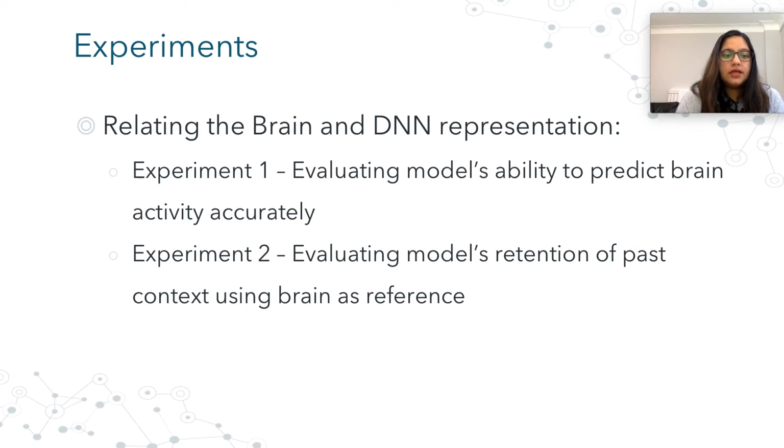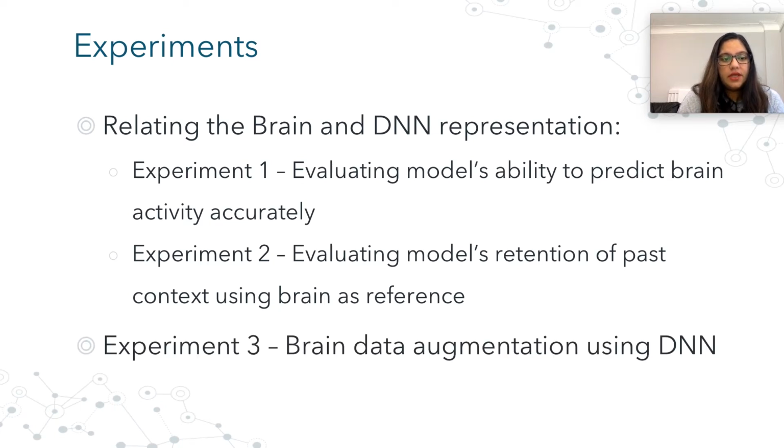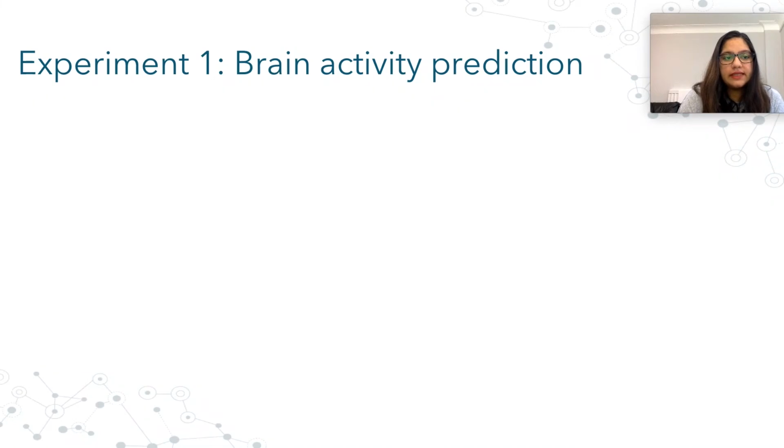Specifically, we try to understand what the model context has retained from the past sentence by using the brain as a reference. In a third experiment, we convert the deep neural network representations to brain data and use it for brain task augmentation. Let's look at these experiments in detail now.